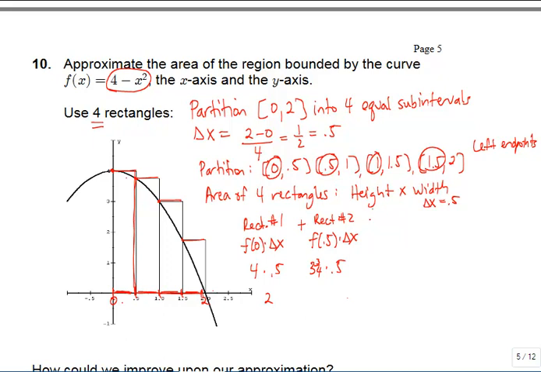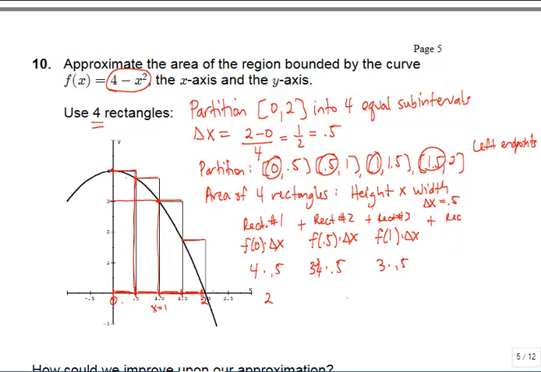Okay? Then for rectangle number 3, now we're going to go as high as this point is when x is 1. And if you were to plug in 1, 4 minus 1 squared is 3. So that's exactly what we would have predicted. Okay? So we're going to use f of 1 times our delta x, which is 3 times 0.5.